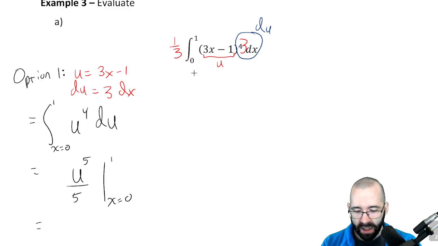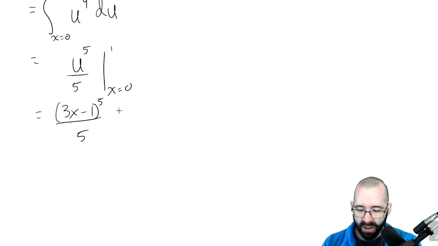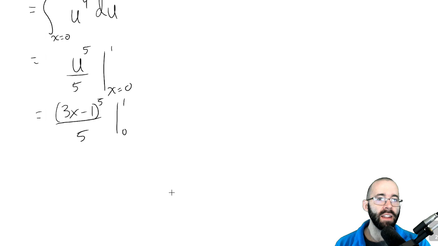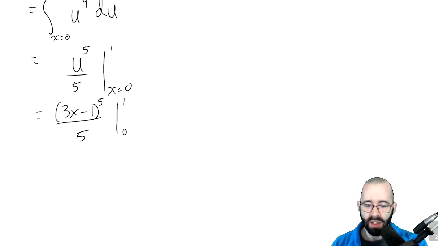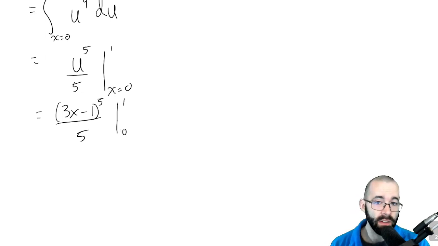So put everything back. u was 3x minus 1. We're still evaluating from 0 to 1. And now I don't need to tell you that x is 0, I don't need to tell you what variable this is, because now there's no u's anymore. There's just one variable. So it's clear from context.